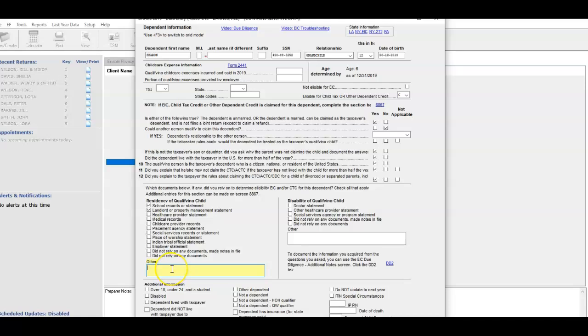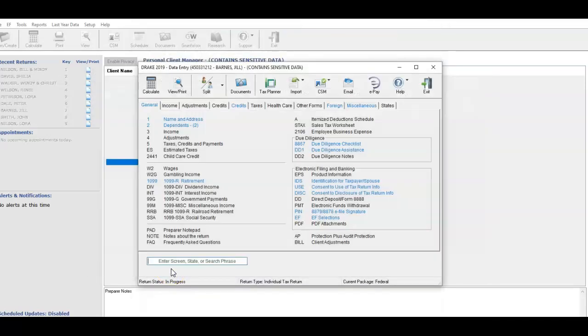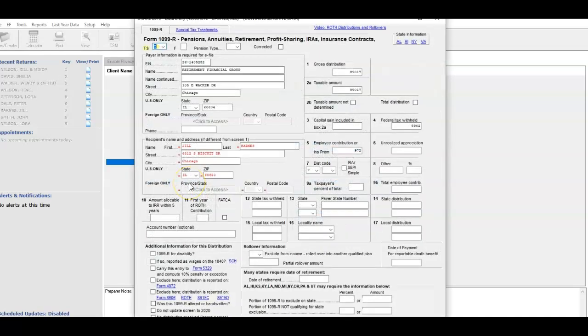Then we come out of here, and then we go to income. We had retirement. So retirement income, and these forms might not necessarily look the same as the one you have in your hand. So you got to learn how to maneuver through how to fill it out. So you attach this to whoever it is, either taxpayer or spouse.